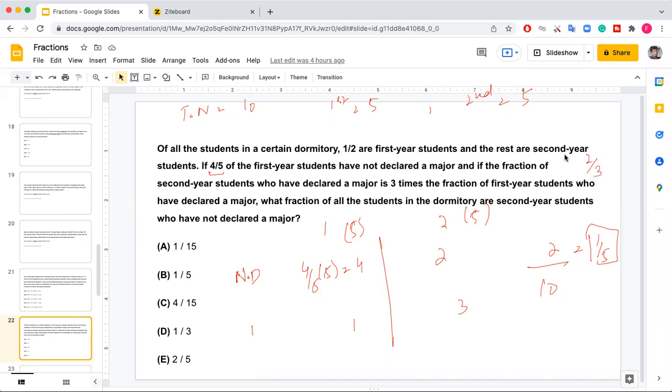So in that case, you need to assume a value that is at least the LCM of 5 and 3, so that we can get an answer which is at least an integer. So just see the denominator of all of the fractions and come up with a value that is the least common multiple or some multiple of that least common multiple. Got the point? Yeah.